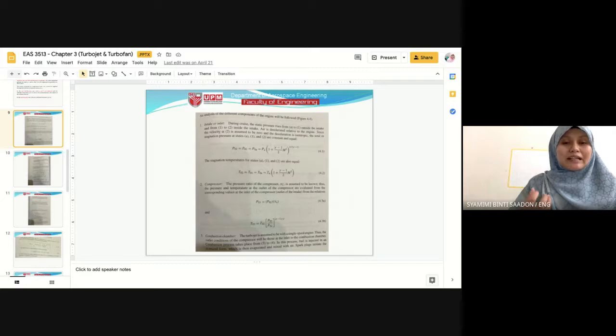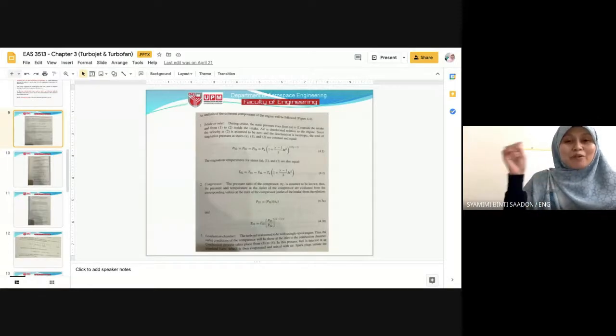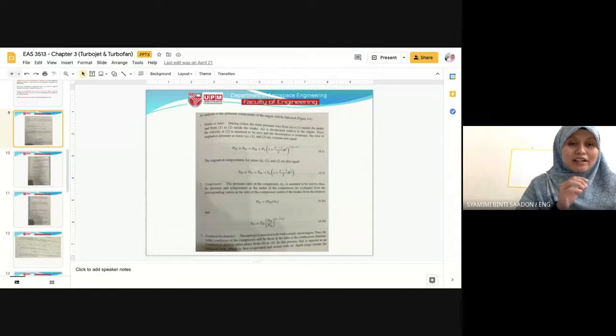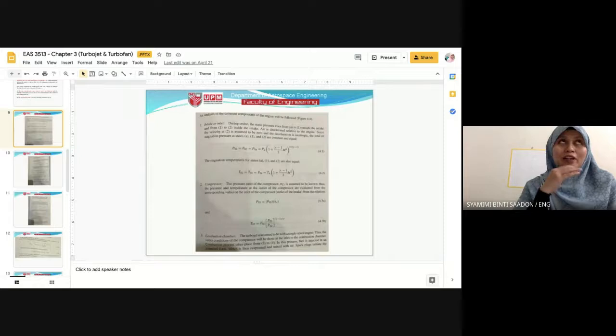In order to calculate these performance parameters, even though the question may not ask you, normally you have to start from the initial point, which is at point 1, the diffuser, before the intake compressor.